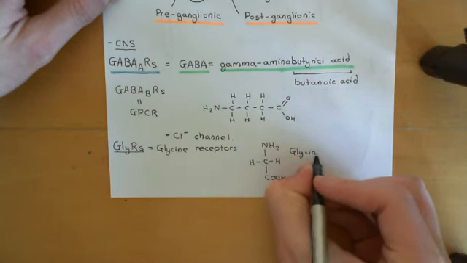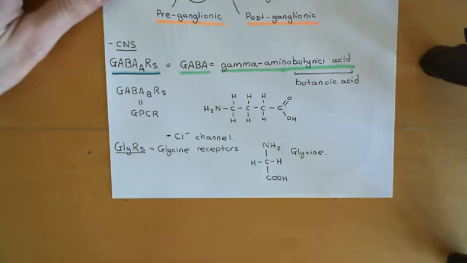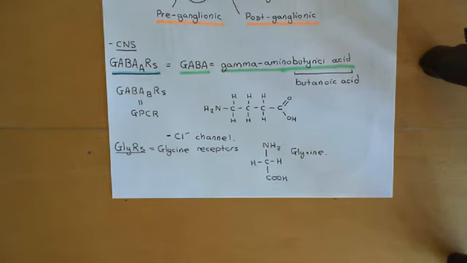Just like GABA, it can be used as an inhibitory neurotransmitter to decrease the chance that the postsynaptic neuron is going to fire an action potential. It's used by inhibitory interneurons in the spinal cord, and when we come back to discuss these in more detail, I'll discuss examples of what inhibitory interneurons might be inhibiting.